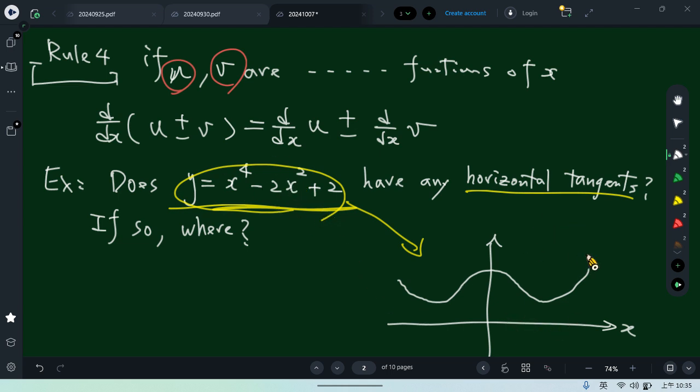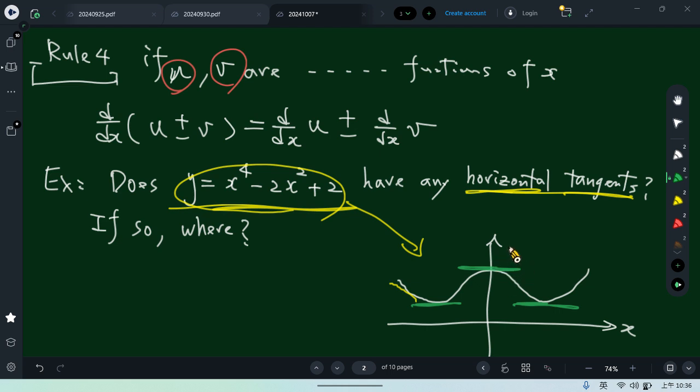So this question asks, can you find the horizontal tangent? This is a tangent, this is a tangent, but especially this is a horizontal tangent. This is also a horizontal tangent here, and this is also a horizontal tangent here. If you can find a horizontal tangent, that means at that point the derivative should be 0.